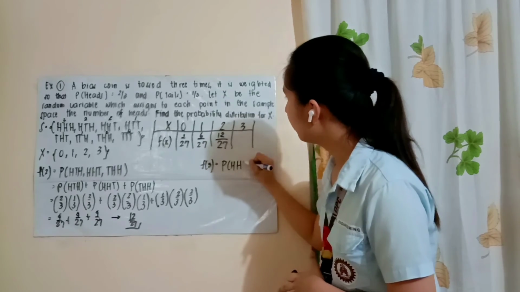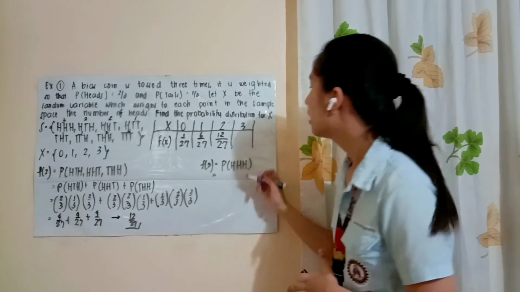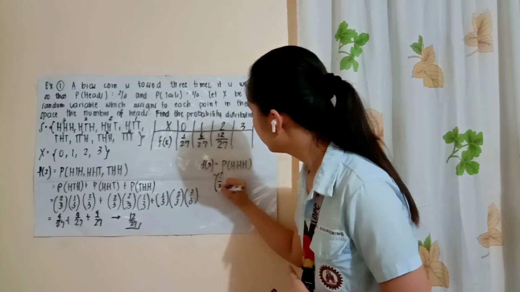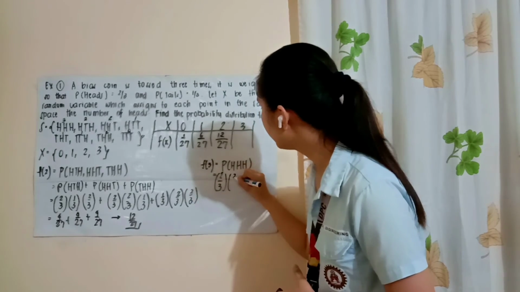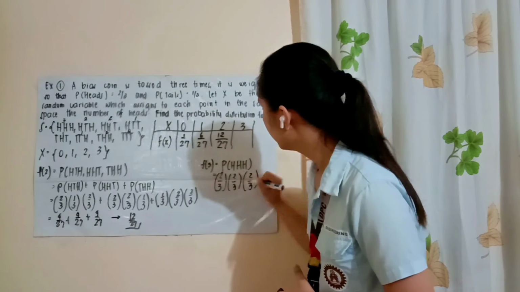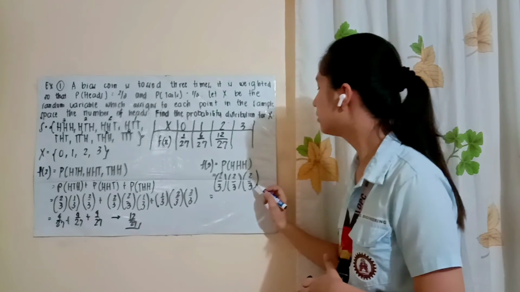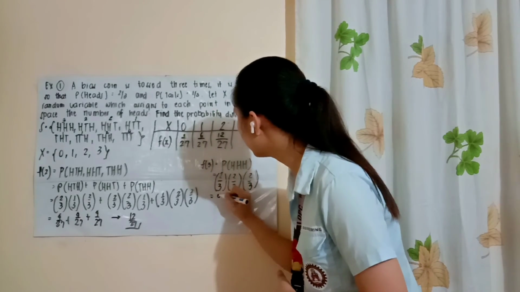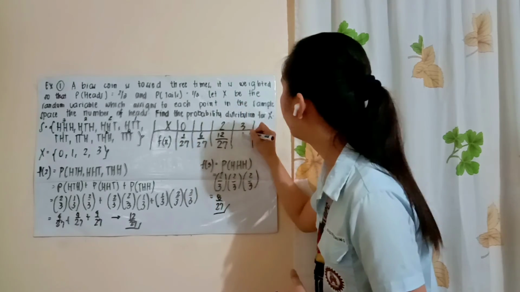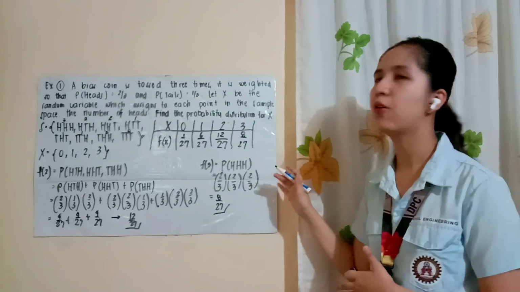The probability of head is 2/3, times the probability of head again, 2/3, and the probability of head is 2/3. When we multiply, 2/3 times 2/3 times 2/3 is 8/27. So this is our answer, 8/27, the probability for 3.